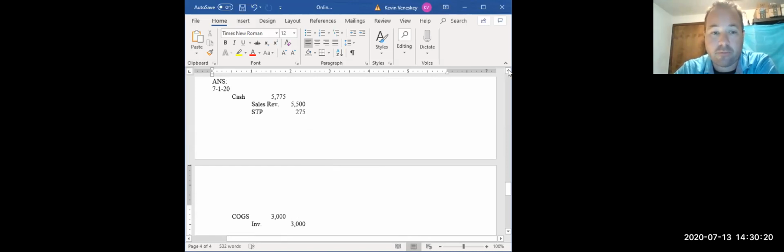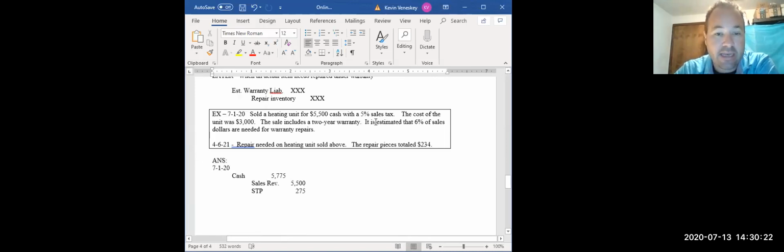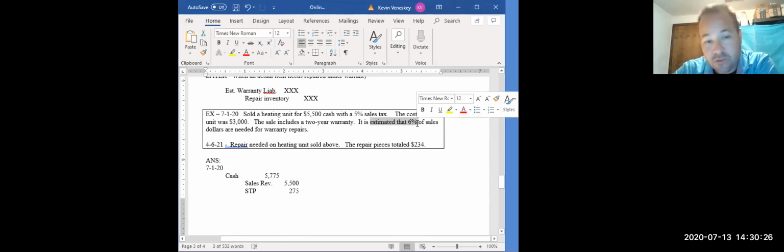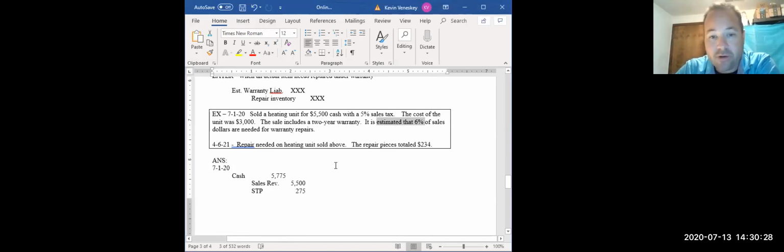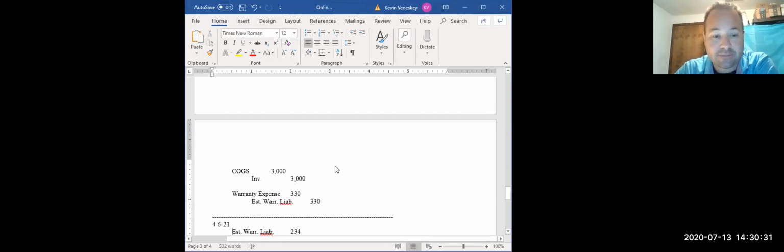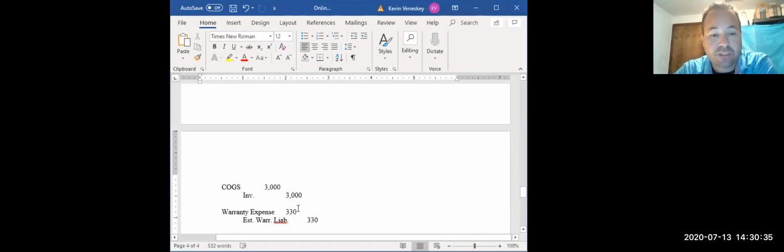Now the new part, I need to go ahead and do the estimate of the warranty. So I need to take $5,500 times 6%. $5,500 times 6% is $330. That's how much I'm going to put as an expense to help offset that revenue, because I expect to have to pay back an average of $330.